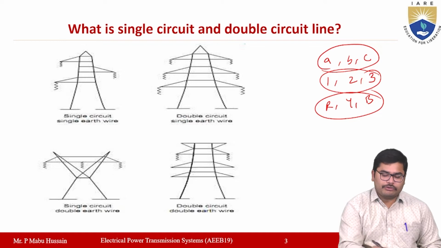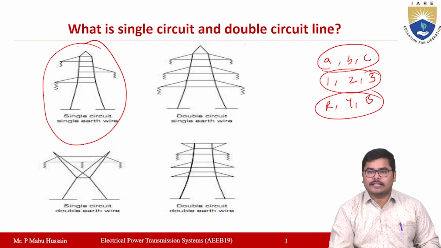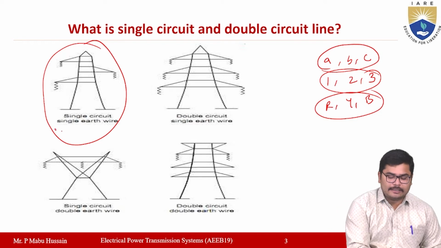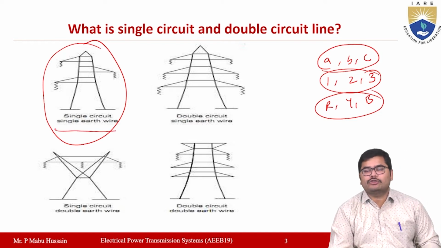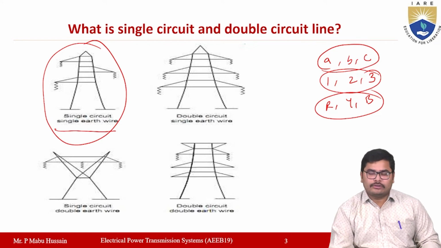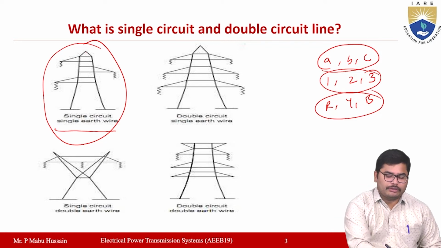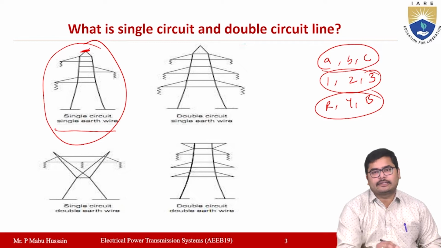If you observe the first figure here, this is a single circuit three-phase transmission line with a single earth wire. This earth wire is to protect the transmission line system from lightning strokes. Generally, this earth wire will be at the top of the tower, at the tip of the tower.